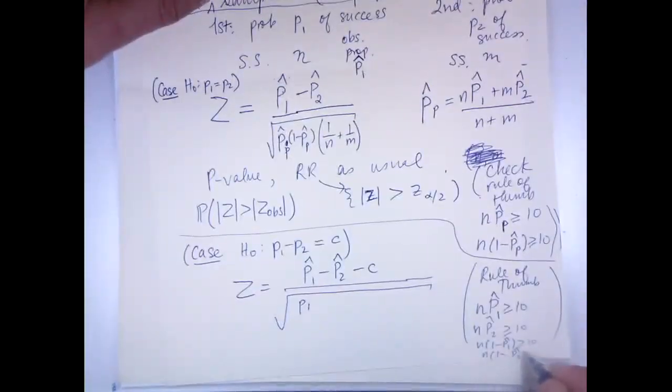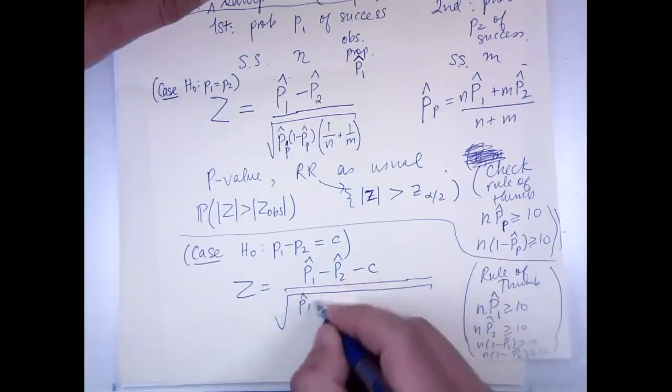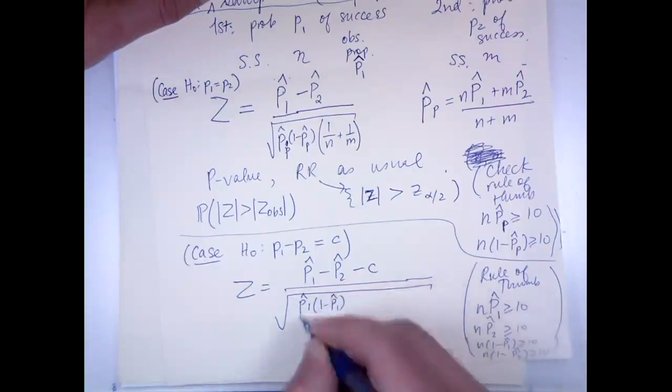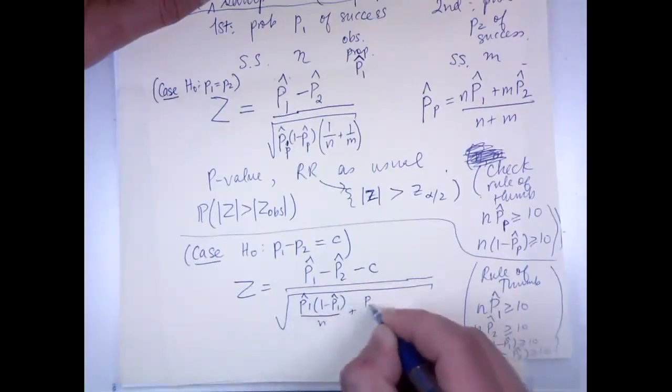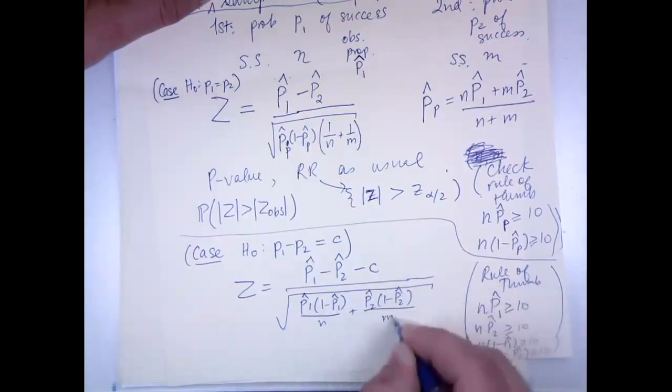In other words, each of the observed numbers of successes and failures should be at least 10 in order to apply the normal approximation happily. Then you use P1 hat, 1 minus P1 hat divided by n, plus P2 hat, 1 minus P2 hat divided by m. Okay, p-value and rejection region as usual.